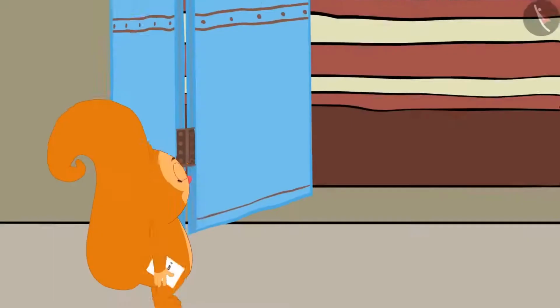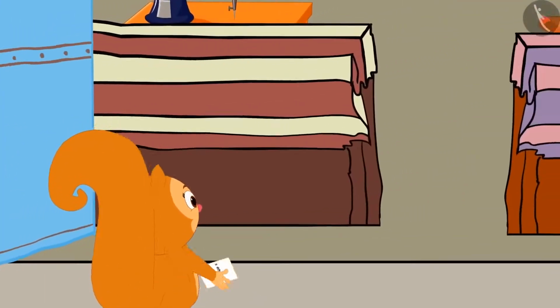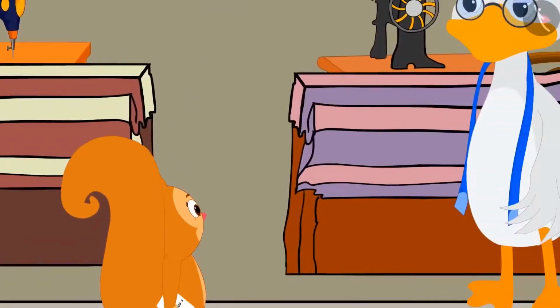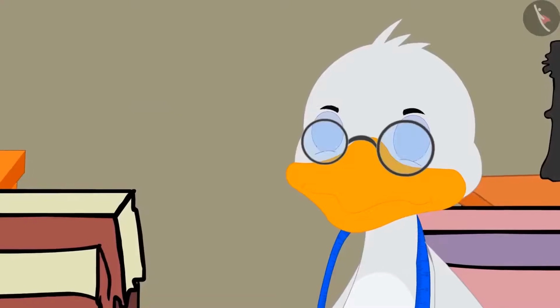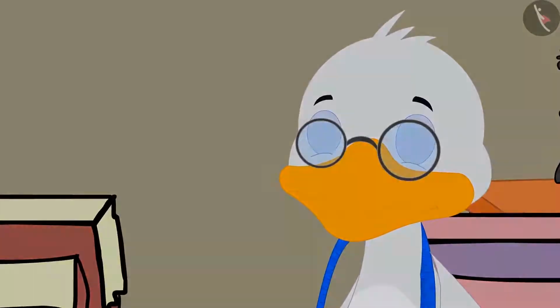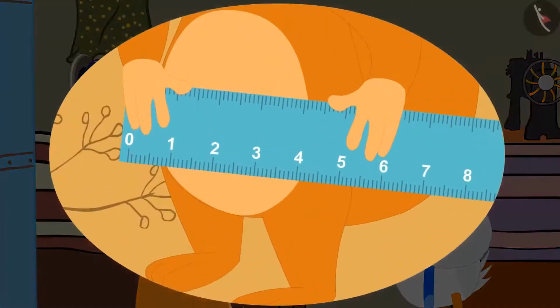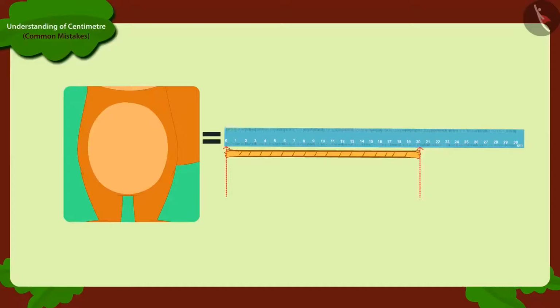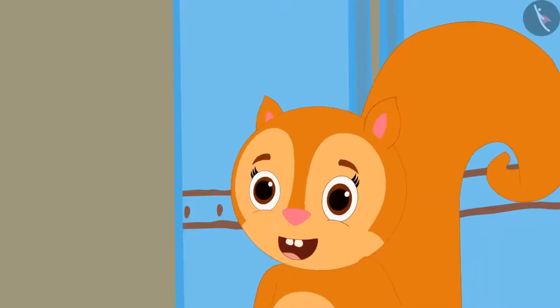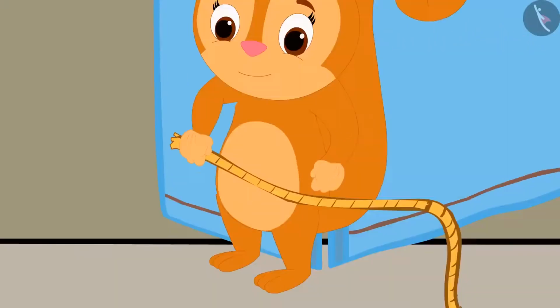20 centimeters. When Chanda reached out to Babble uncle with her own measure, he also explained to Chanda about the mistake that she made. Chanda became very happy after learning this new thing.